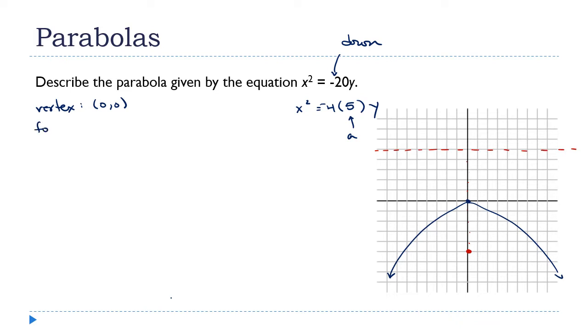The coordinates of that point are (0, -5), and the equation of that line is y equals 5. And that's it. Those are the three things that we need to describe this particular parabola.